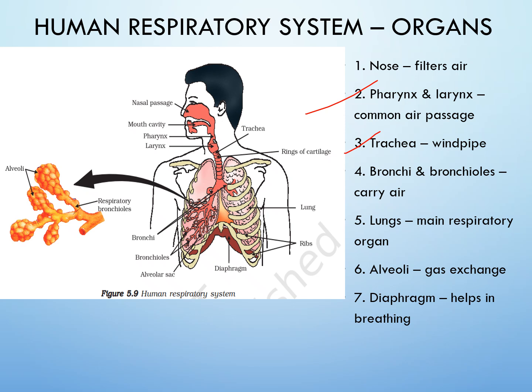Then you have bronchi and bronchioles, right? Bronchi, which get divided into so many bronchioles ending into the alveoli. And these bronchi and bronchioles enter into the respiratory system's main organ, which is lungs.